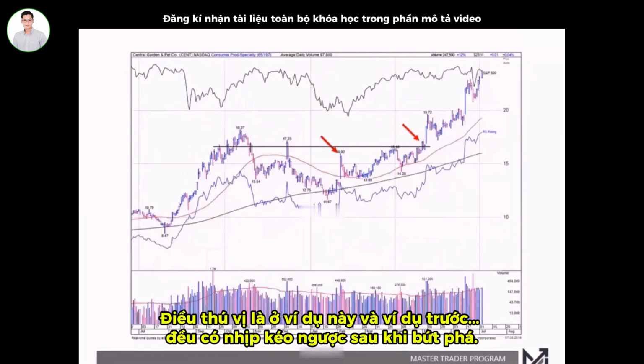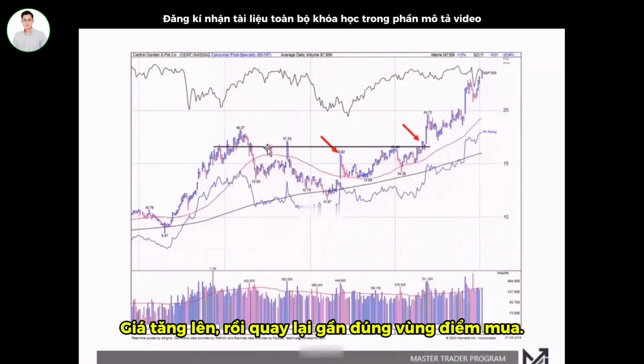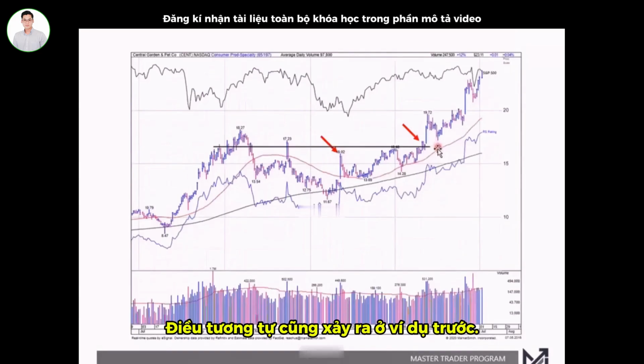I mean, you see this went to 1972 and pulled back almost exactly to where the buy point was. Right near where your arrow is. But yeah, if you look at that pullback after the breakout. Yeah, you're right there. Yes, same. This happened with the previous example too.